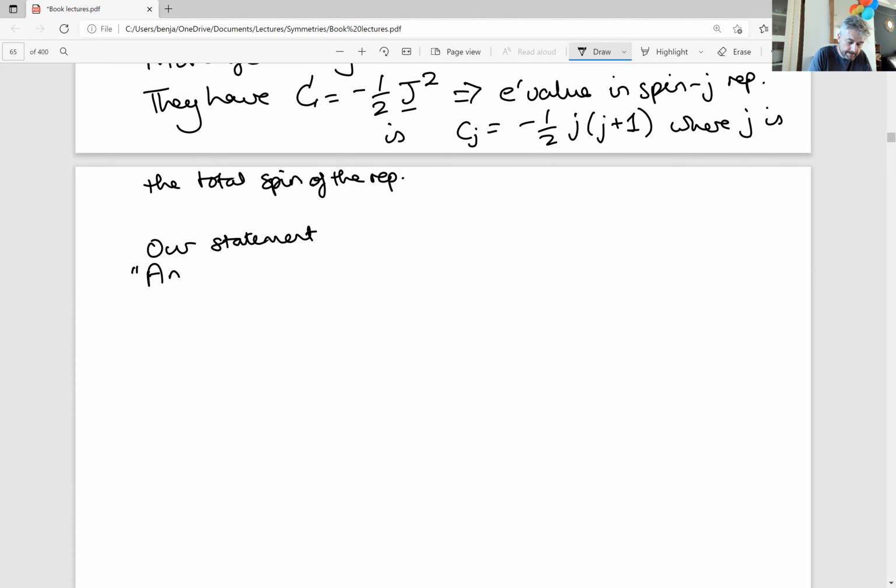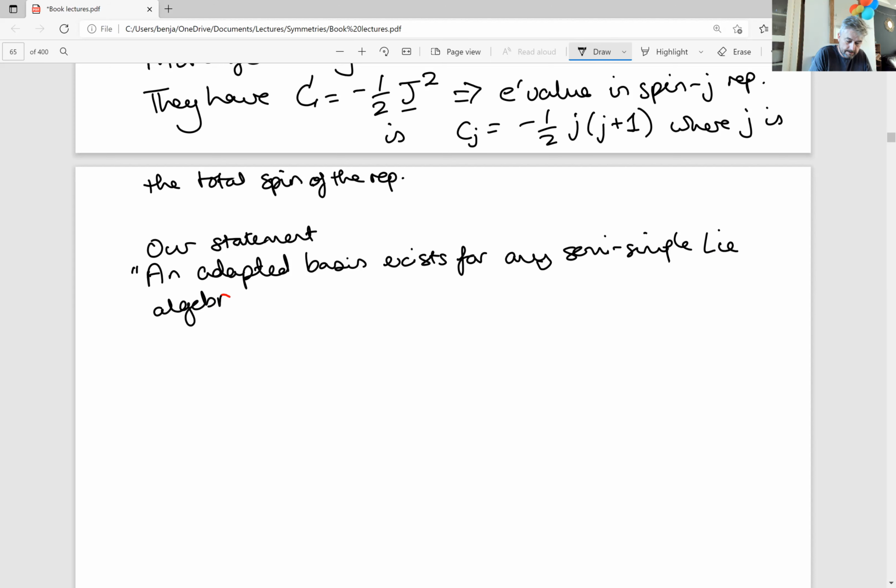An adapted basis exists for any semi-simple Lie algebra, but it really only applies to real Lie algebras. And of course, these are the ones that we've been looking at on the whole.